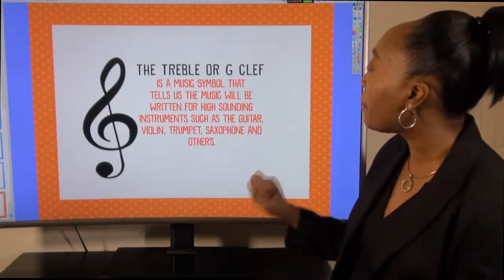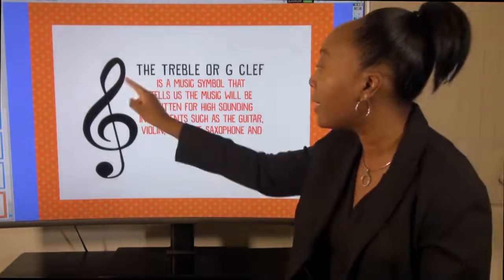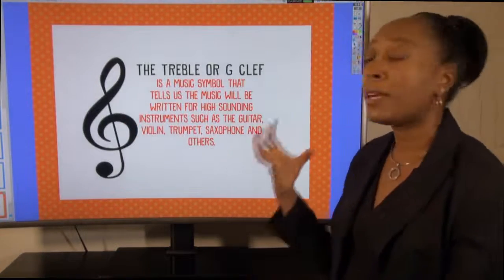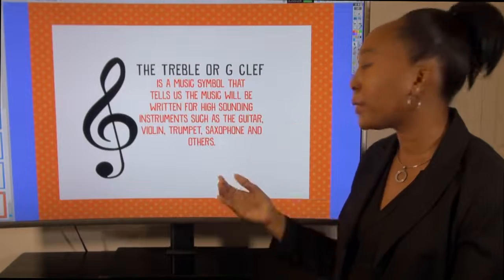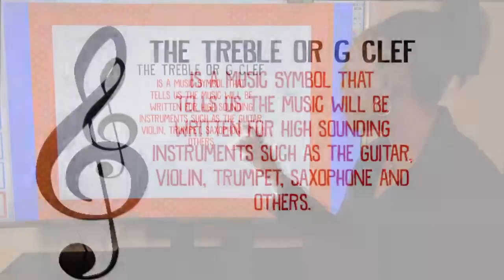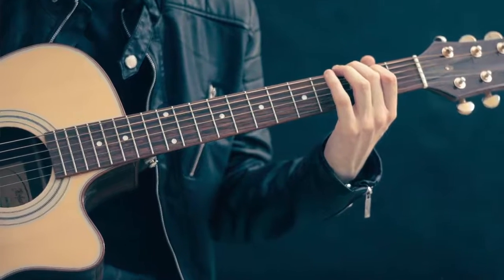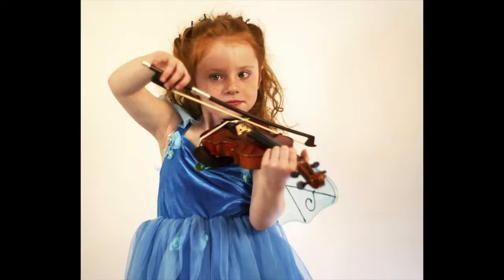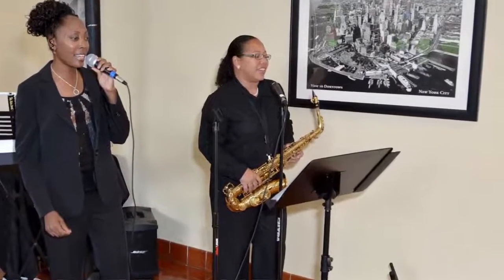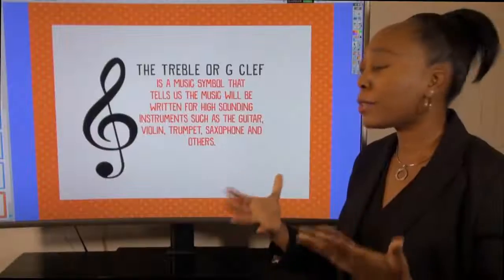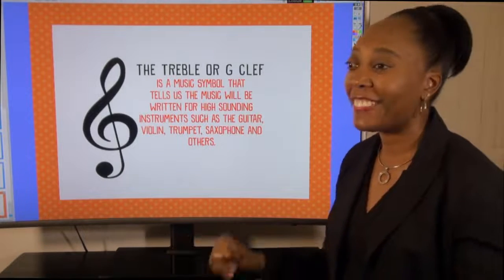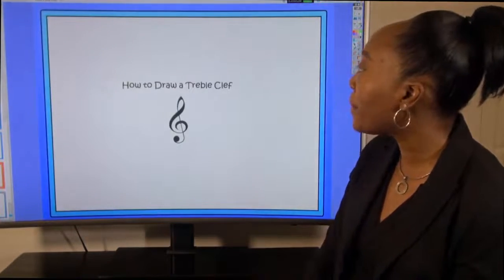And it's also important to mention that the G clef, or the treble clef, is really used for high sounding instruments or high voices. So if you know about the guitar, the violin, the trumpet, the saxophone, and a couple of other instruments. So the treble clef, just think high, all right?